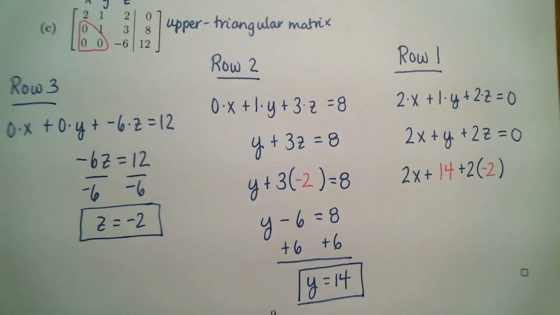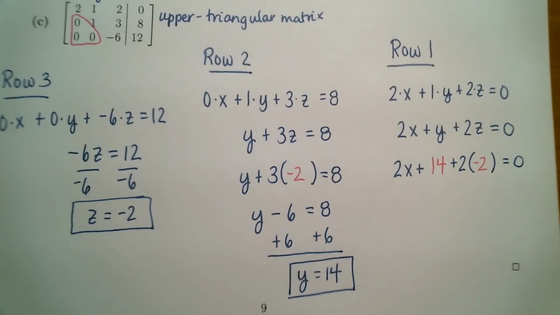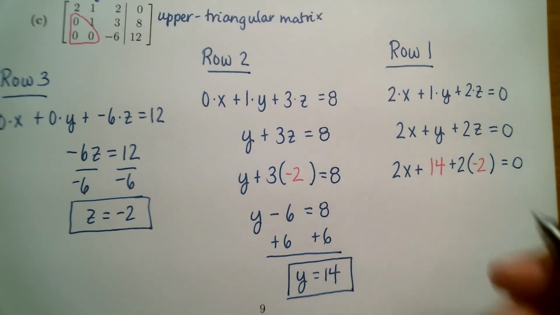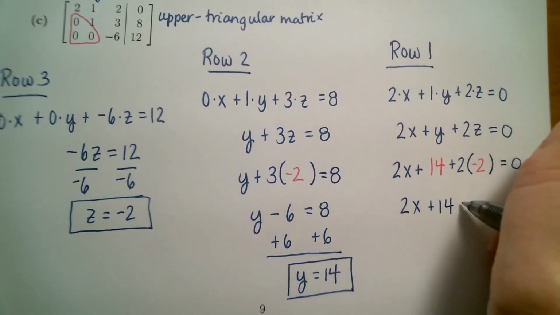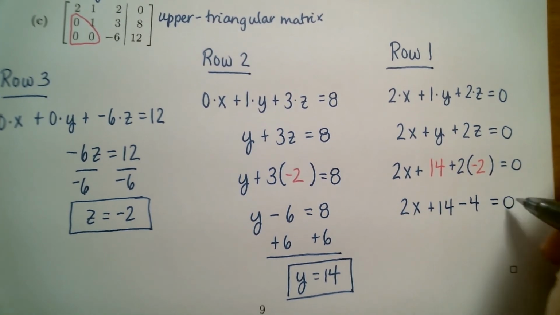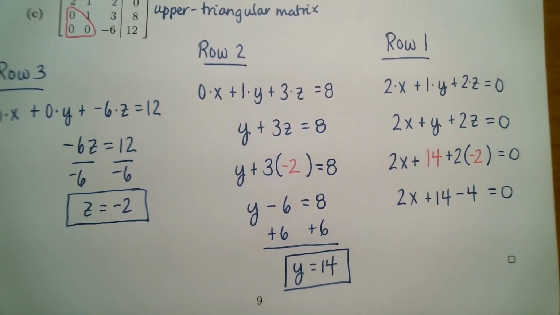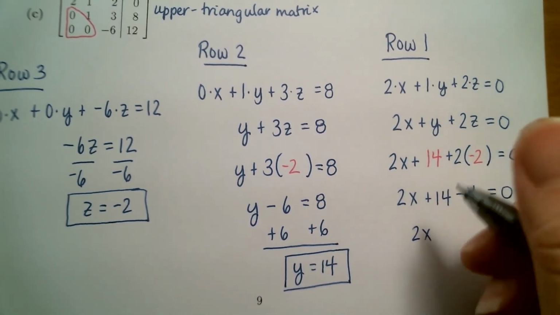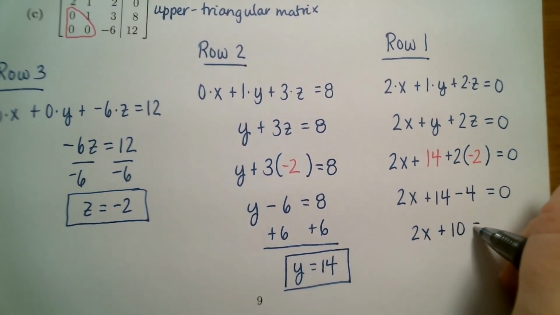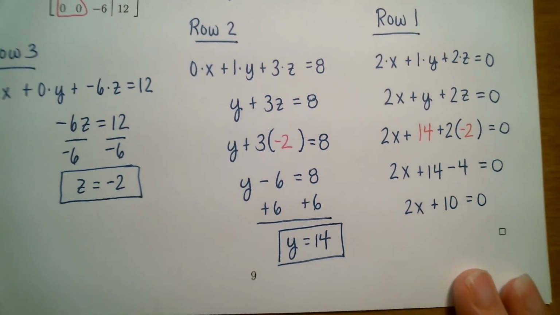That is equal to 0. Let's simplify this. This is going to be 2x plus 14 minus 4 is equal to 0. Let's combine our numbers. 14 minus 4 is positive 10. So 2x plus 10 is equal to 0.